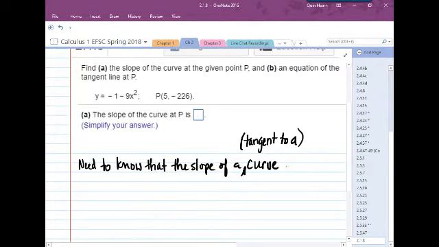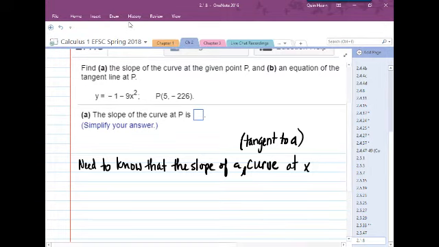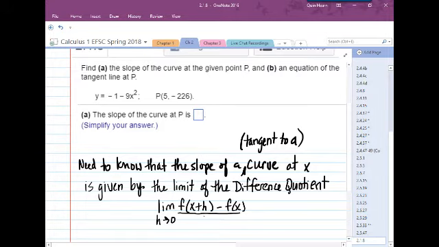The slope of a curve at a value x is given by the limit of the difference quotient, and what I mean by that is the limit as h approaches 0 of the quantity f of x plus h minus f of x, all over h.